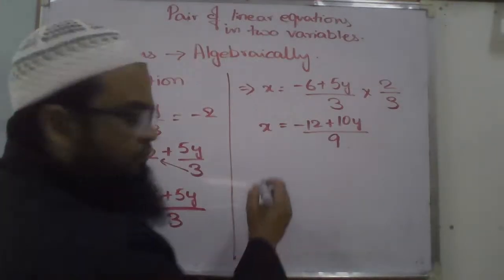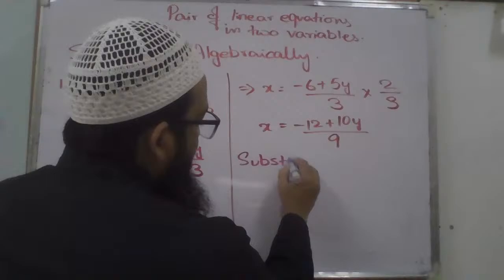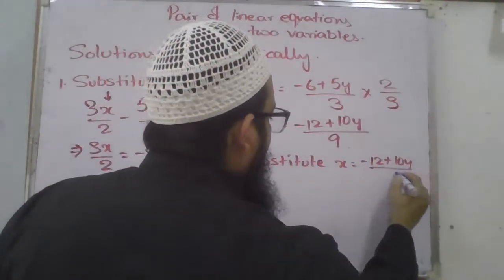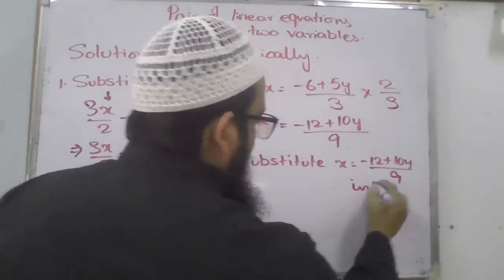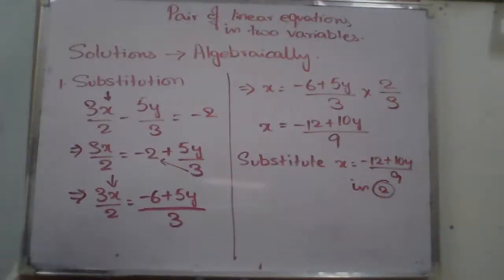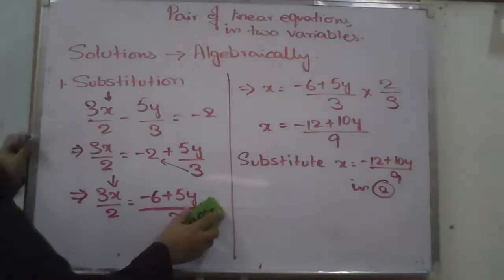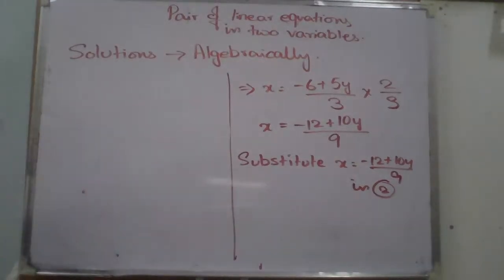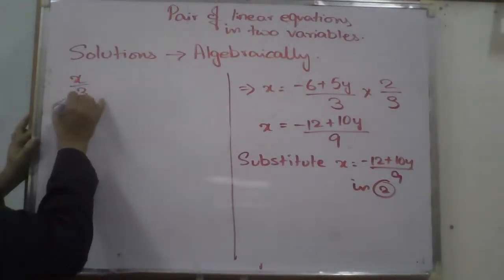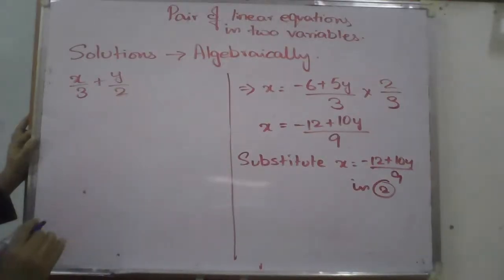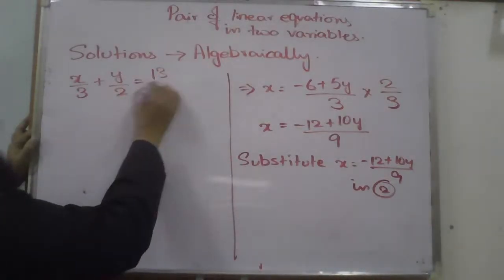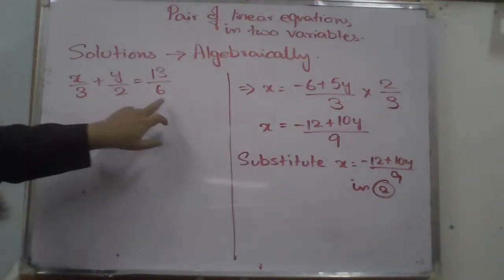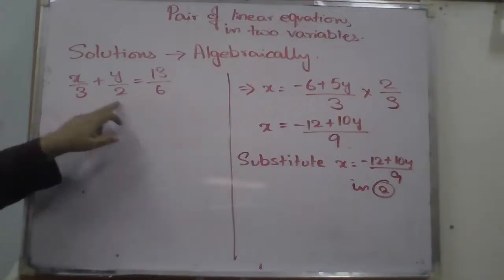So now substitute x is equal to minus 12 plus 10y divided by 9 in second equation. Understood? Yes, let us substitute in second equation. What is our second equation? The second equation is x by 3 plus y by 2 equals 13 by 6. See, when I saw this, you have 6, and the LCM of 3 and 2 is also 6.